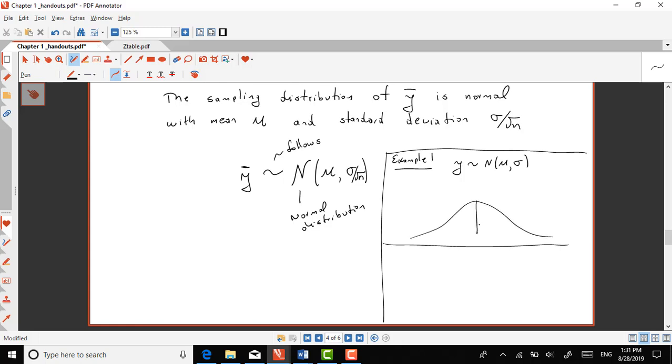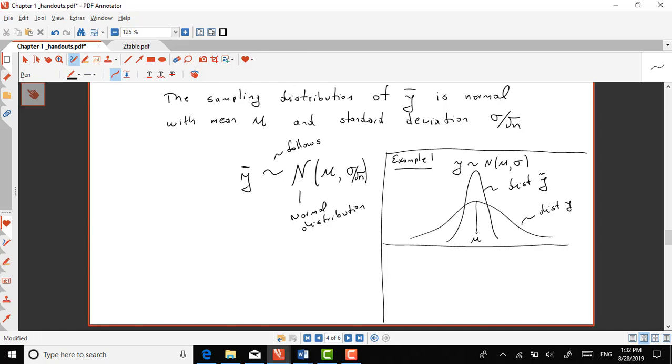We say that it looks something like that. So this is the distribution for y, and this was the distribution for y bar, for the mean.